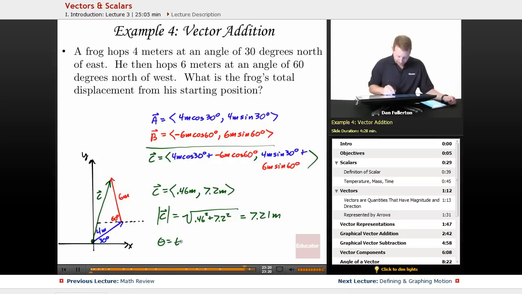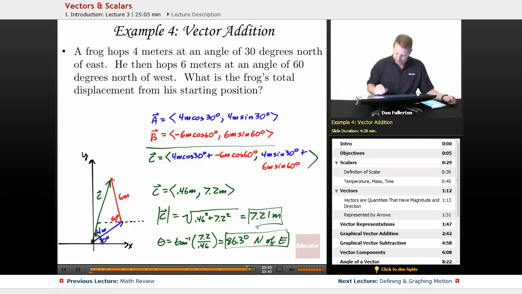Theta is going to be equal to the inverse tangent of the opposite side over the adjacent side. The opposite side is the y, 7.2, over the adjacent 0.46, for an angle of 86.3 degrees, which is, over here, 86.3 degrees north of east.